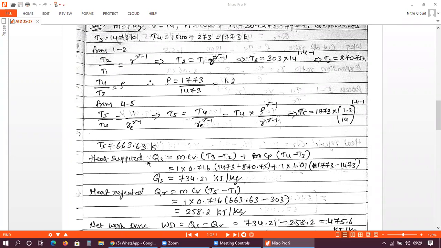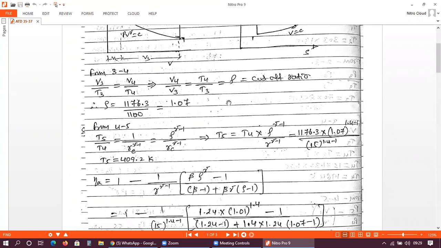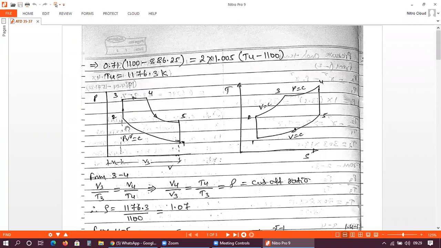From 2 to 3, we are adding heat, as I will show you in the previous problem's TS diagram. It is similar. This is the PV diagram for the dual combustion cycle, and you can see heat is added during the 2 to 3 process.